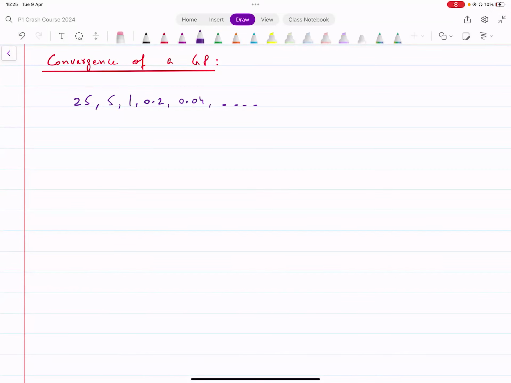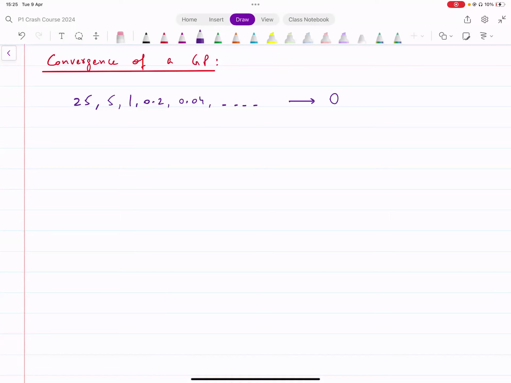In this case, the ratio is 0.2. The values keep getting smaller and smaller. Eventually, these values are going to approach 0. We can say the sequence is converging to 0. It's basically approaching a constant value, which is 0.